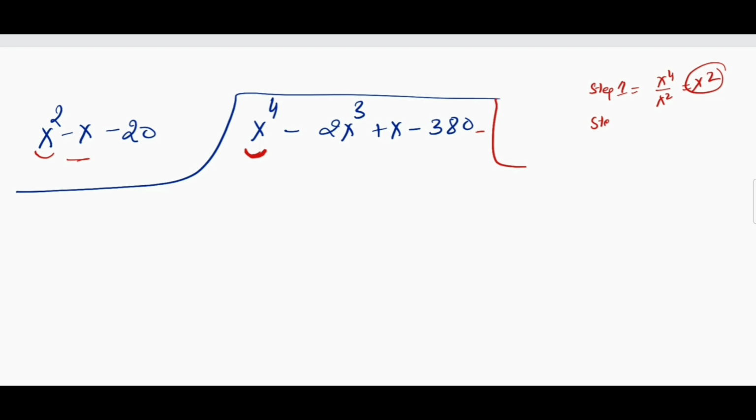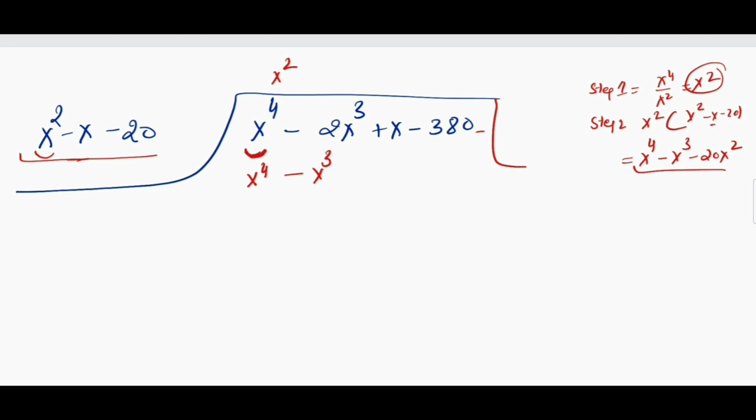Now in step 2 we have to multiply this x square with x square minus x minus 20. So we'll get x raised to power 4 minus x cube minus 20 x square. This x square will go here, and we'll write here x raised to power 4 minus x raised to power 3 minus 20 x square.